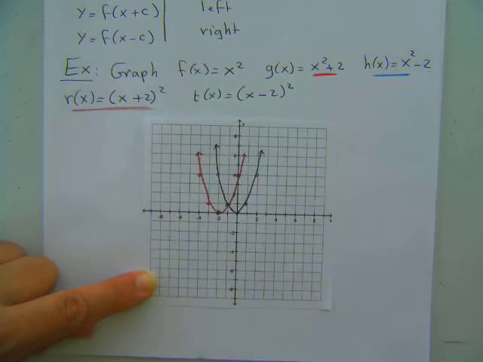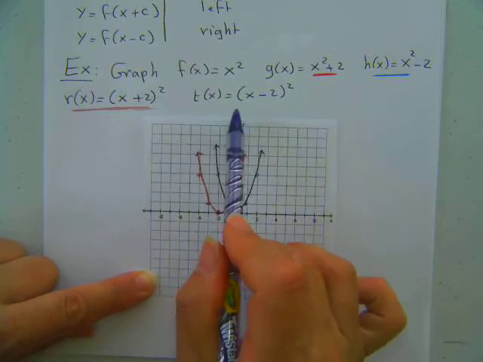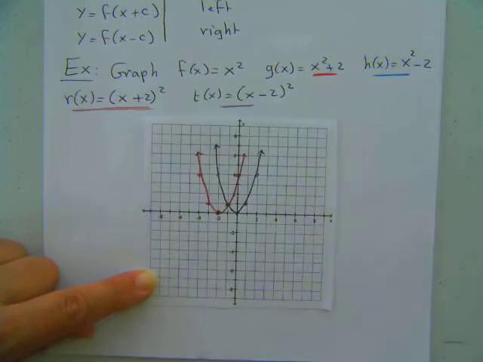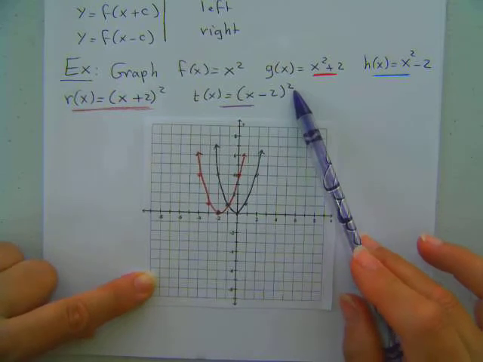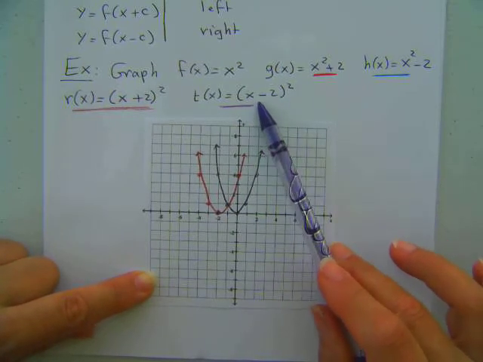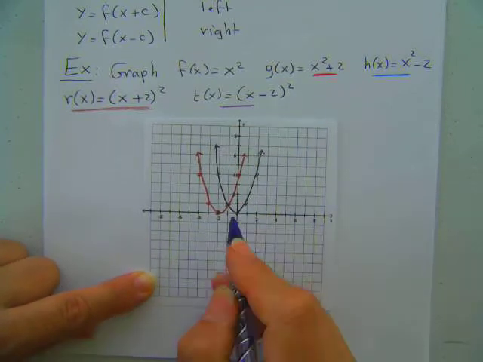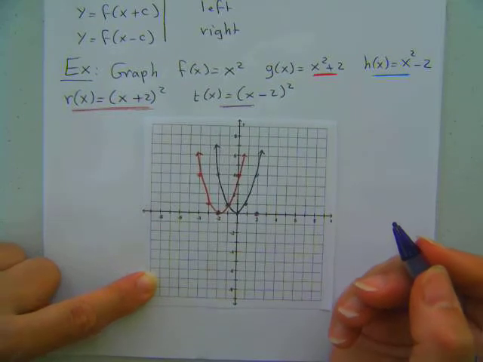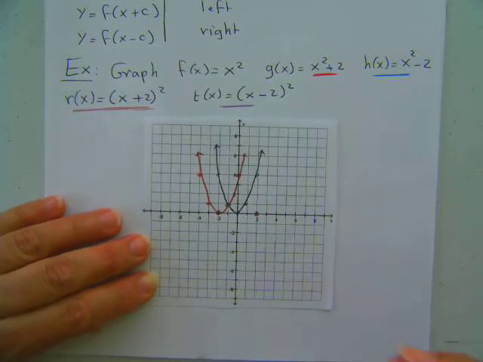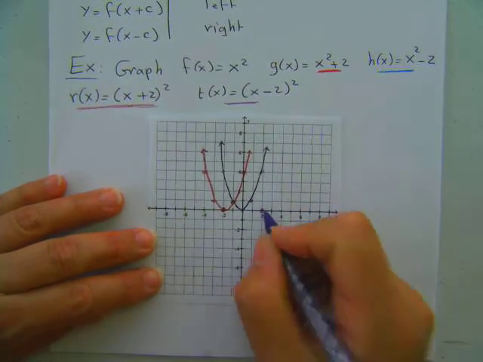And the last one, we're going to do it in which color? Purple? Yeah, we didn't do this purple. Okay, so t of x is x minus 2 squared. That means I'm going to shift to the right. Remember, when it's inside the x, it's the opposite. So my new 0, 0 is going to go 2 units to the right. Now this is my new 0, 0.